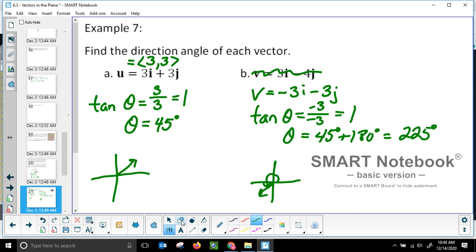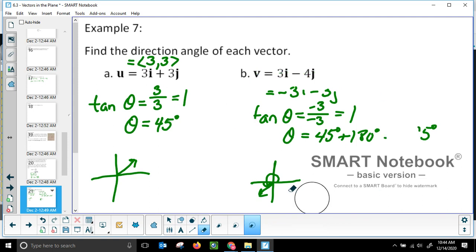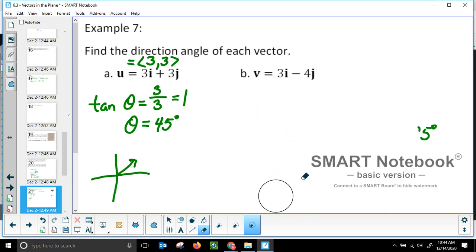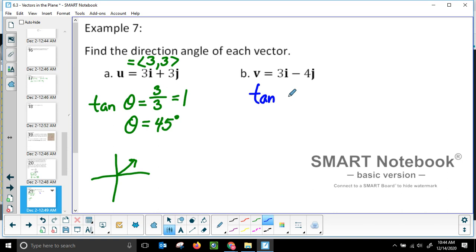Now, I do kind of want to go back to this here. So if we wanted to do this again, we say, okay, well, tangent of theta is equal to b over a.